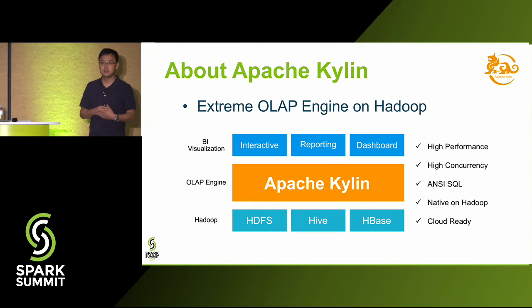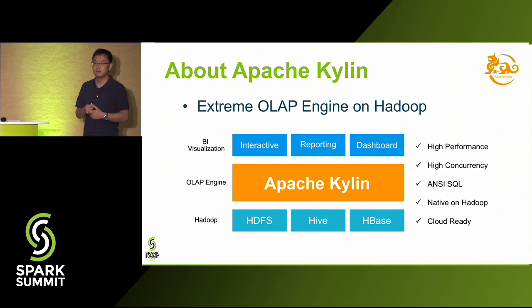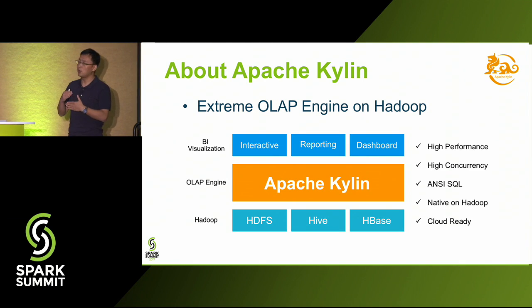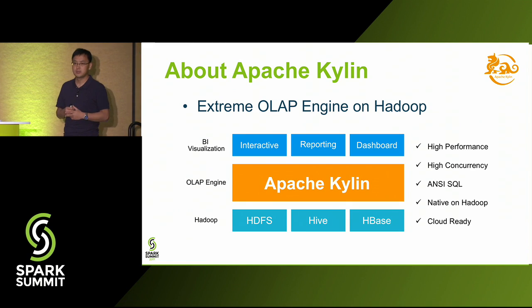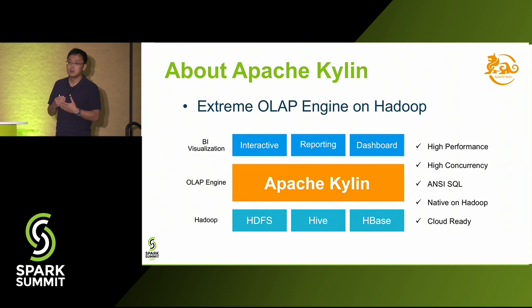Kylin's backend is a clustered computer, so it can support very massive data process. And on top of Kylin, the query language is standard SQL. That means your users and your applications can migrate to Kylin seamlessly.